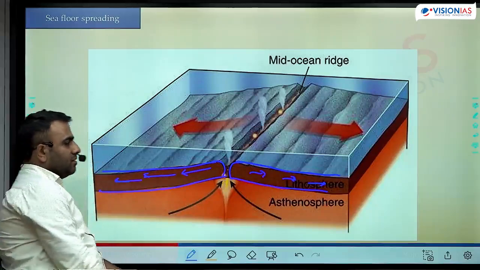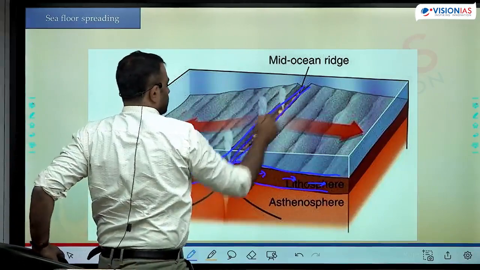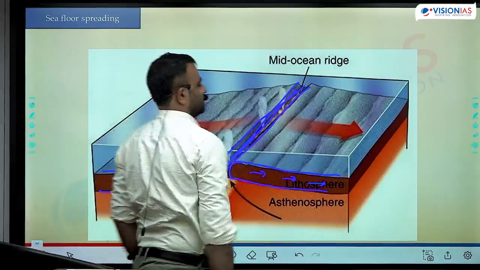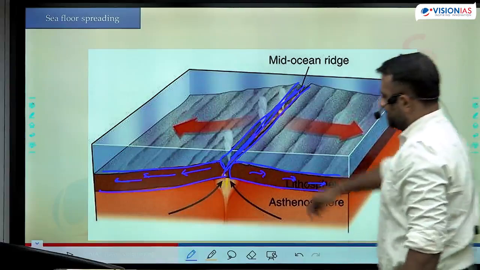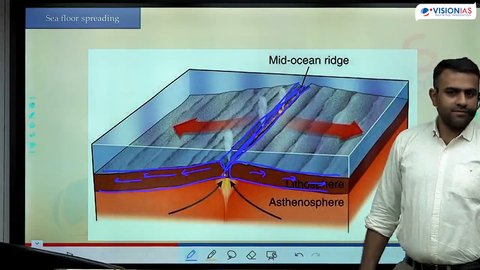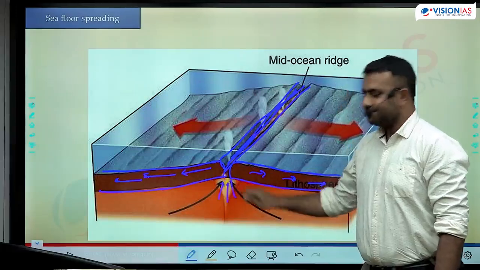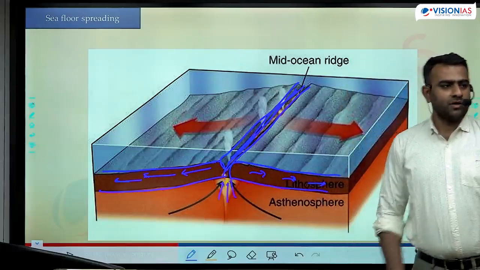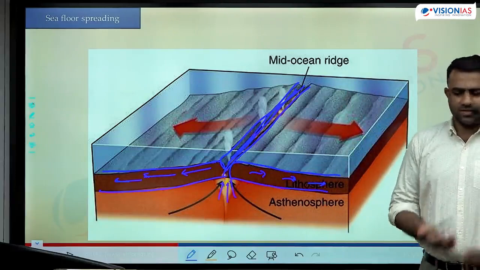Why? Because of the presence of these parts of the oceanic floor, which are called ridges. What exactly is a ridge? A mid-oceanic ridge is the part of the oceanic crust which is cracked. There is basically a crack in the oceanic floor. There is some gap. Through this gap, the magma rises and comes out. Okay, where there is a gap in the oceanic floor, of course, the magma is coming out from the Earth's interior.